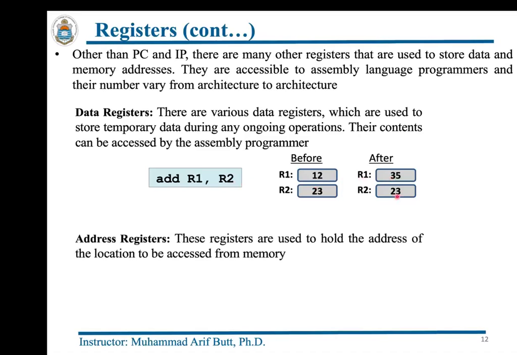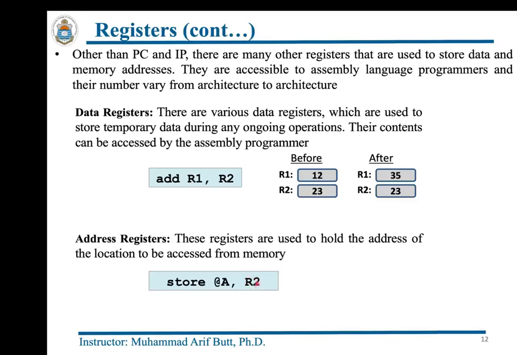Other than various data registers, there are address registers as well inside the CPU, and these registers are used to hold the address of the location to be accessed from memory. For example, consider this assembly instruction of any hypothetical architecture, which says store at the rate A, R2.